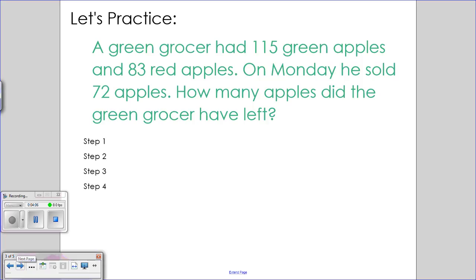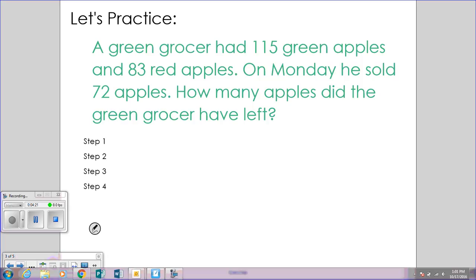We're going to do this one together. Okay? What's the first step? What is the first step, Xavier? Read the problem. A green grocer had 115 green apples and 83 red apples.